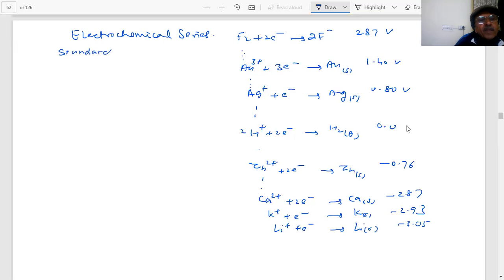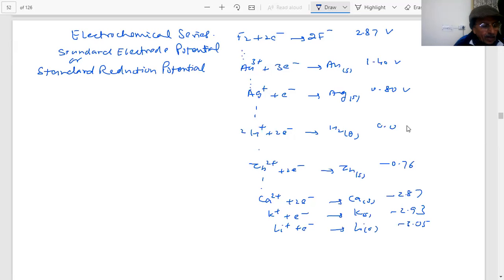Standard electrode potential values are also called standard reduction potential values. Okay, we can do all this.